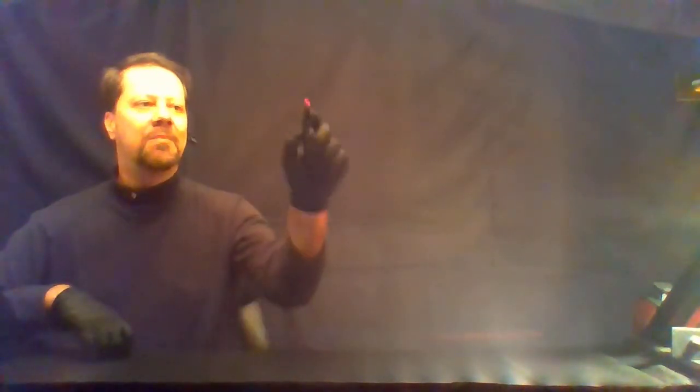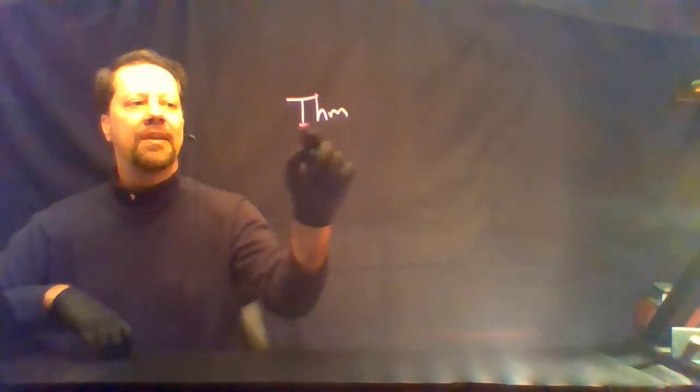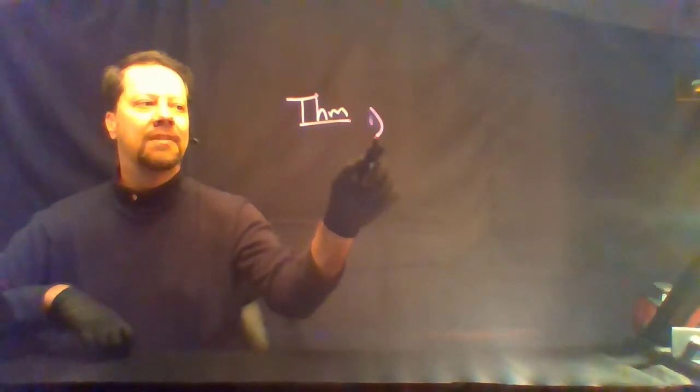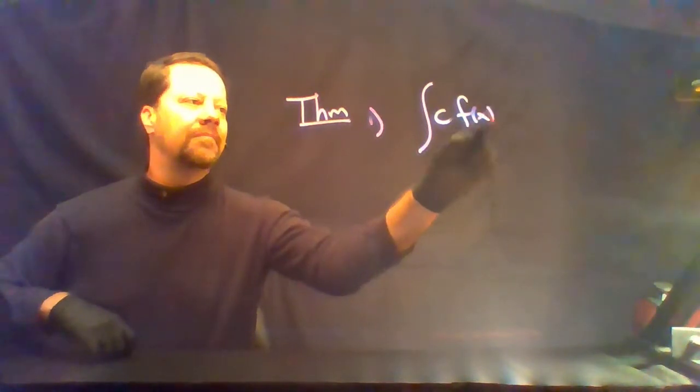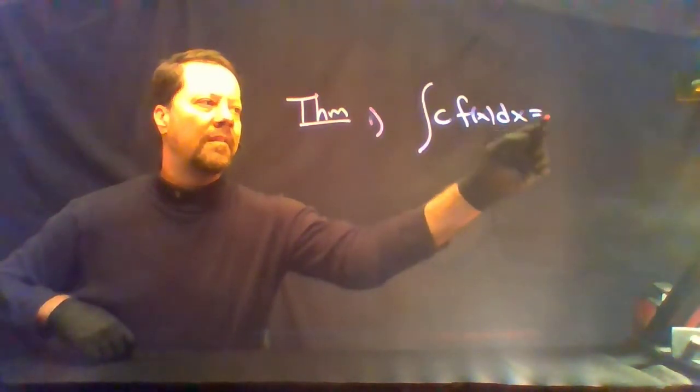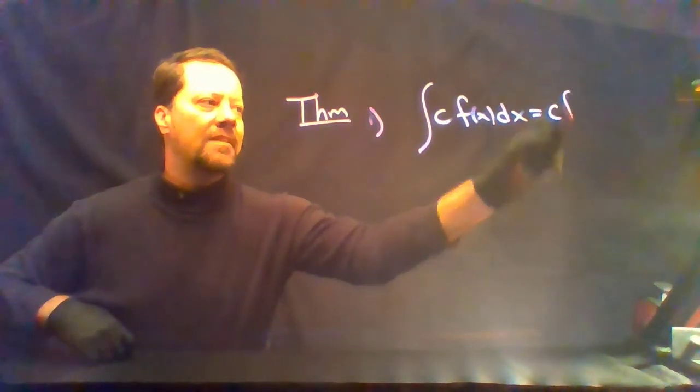We need a theorem telling us some of the properties of the indefinite integral. First, if you integrate a constant times some function, you'll get the same thing if you take that constant times the integral.